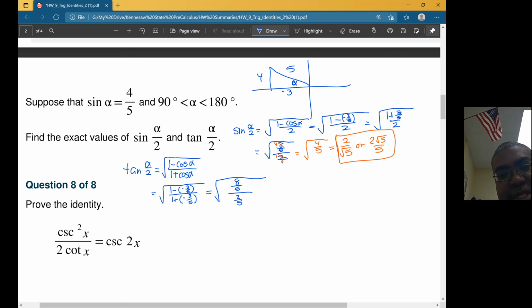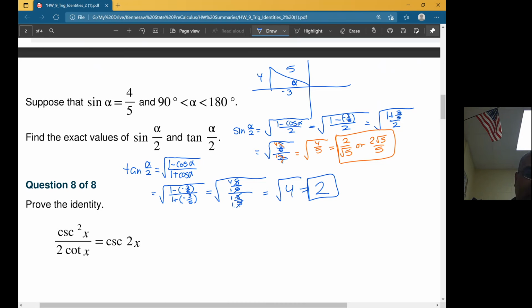Okay, similar to last time, the bottoms can cancel. And I end up with 5 over 5 is 1 over 1, 8 over 2 is 4 over 1. So then I have square root of 4, which is just 2.